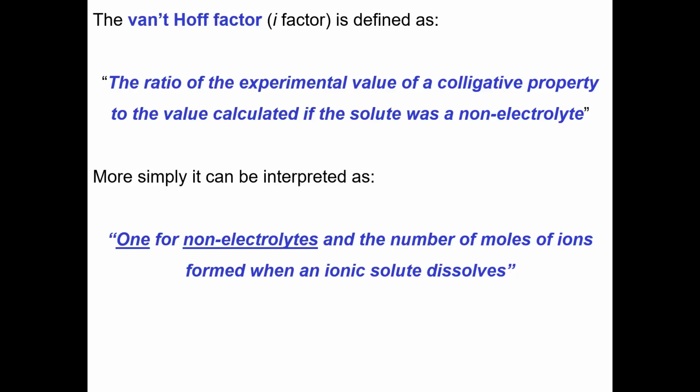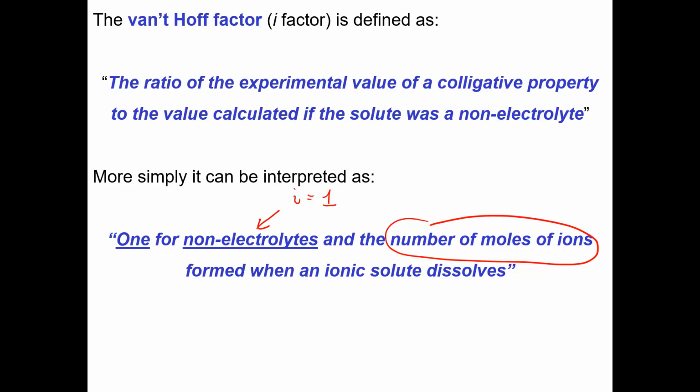So, if you are told that your solute is a non-electrolyte, that immediately tells you that i equals 1. However, if you are told that it is an ionic compound, a strong acid, or some other way you're told that it is an electrolyte, then you'll need to consider the number of moles of ions that are formed when it is dissolved in water.